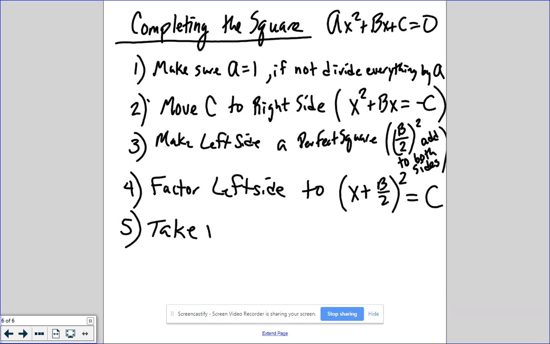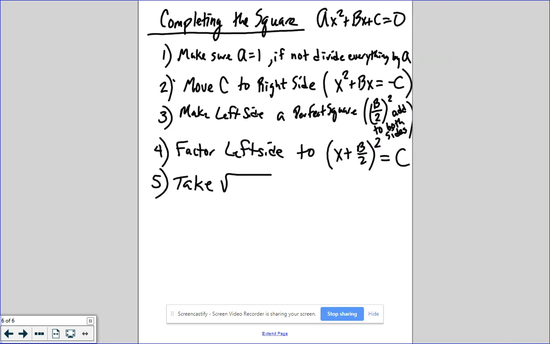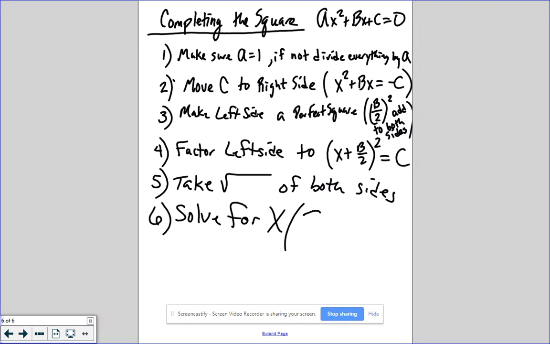Take the square root of both sides. And 6. Solve for x. And it should always have 2 solutions.